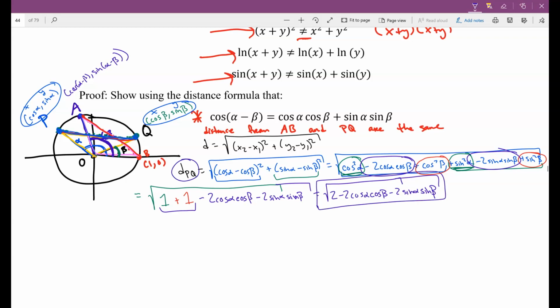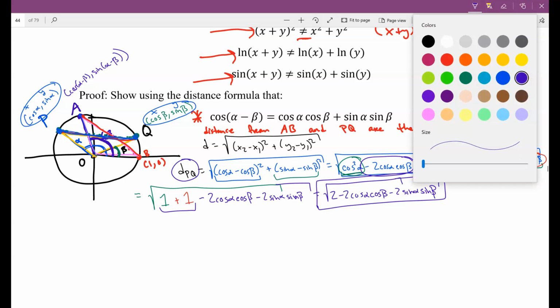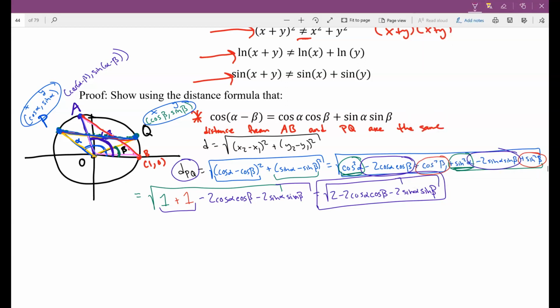All right, now let's figure out the distance from A to B. Let's see what this distance is going to be from A all the way to B. Here, see how we have this x and y. We also have this other point x and y. We're going to use the same exact formula.